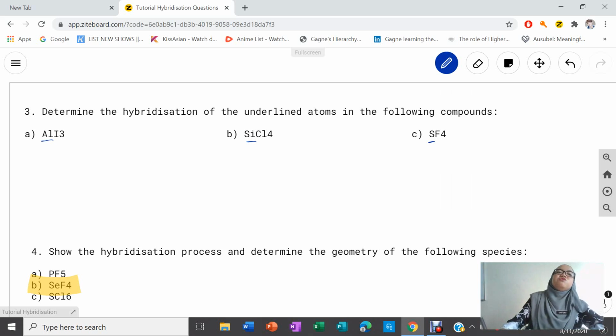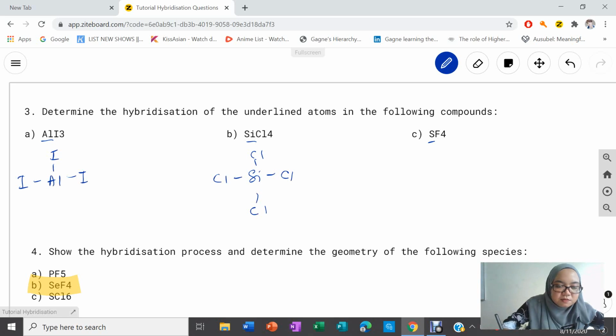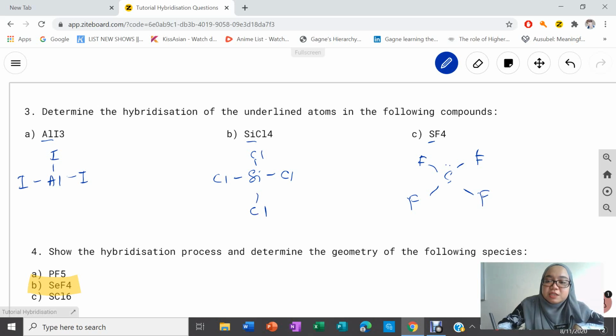First you need to draw the Lewis structure. So AlCl3, SiCl4, and then SF4.